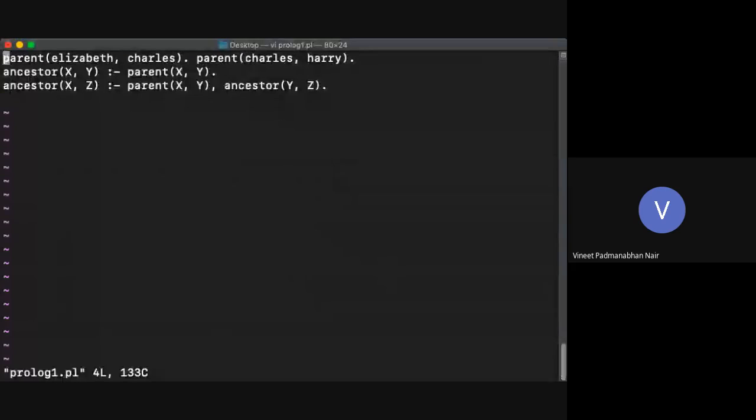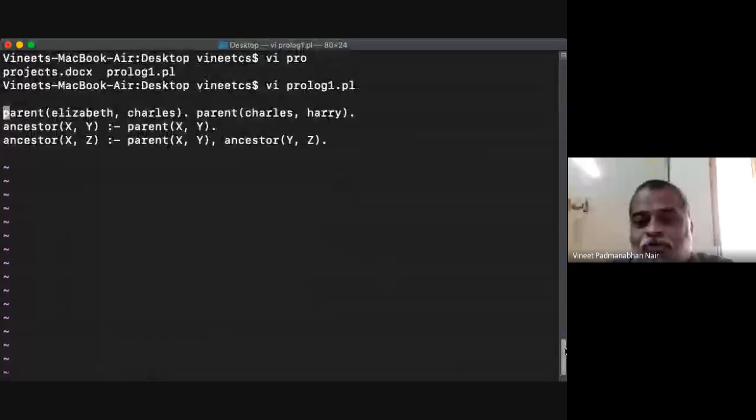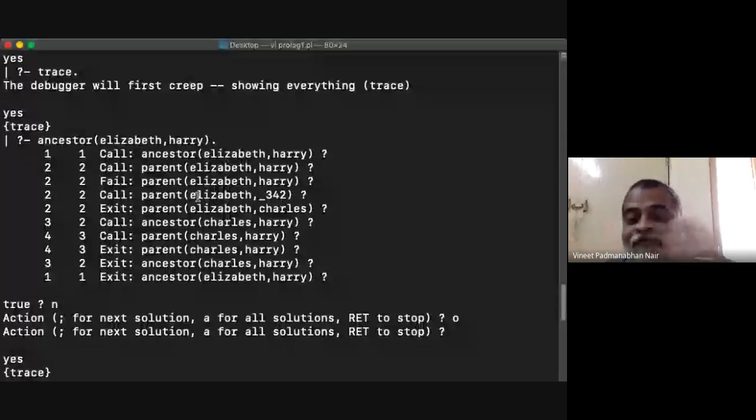That is why that rule is being called twice. Unfortunately, I'm not able to show both together. So the first one fails at some point, whereas the second rule is succeeding. It is calling the head part and the tail part, which I will explain once I come to the programming.